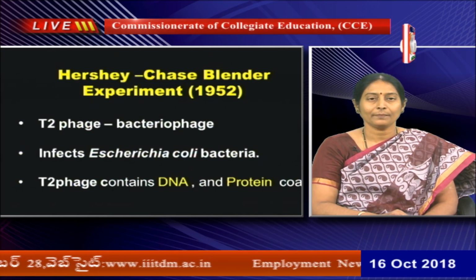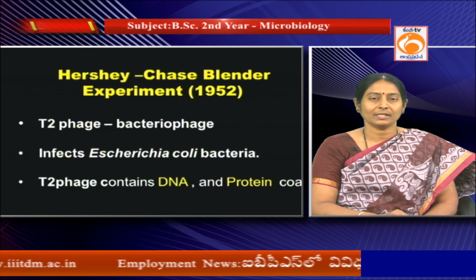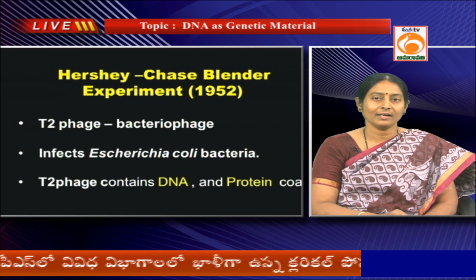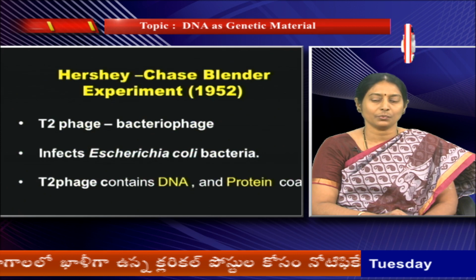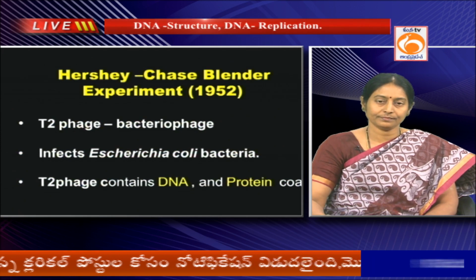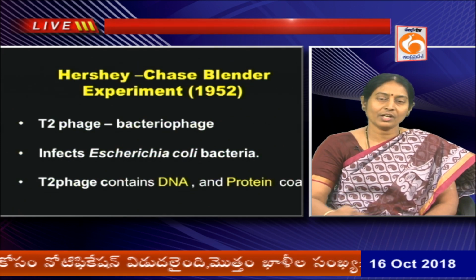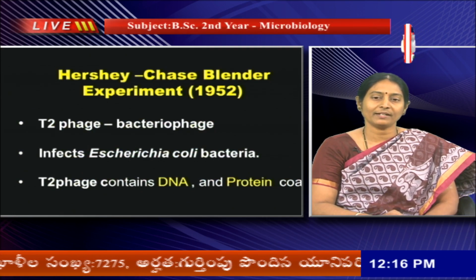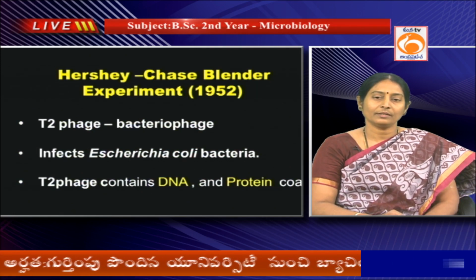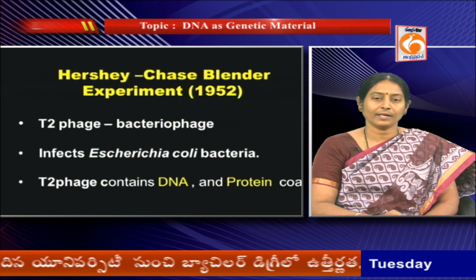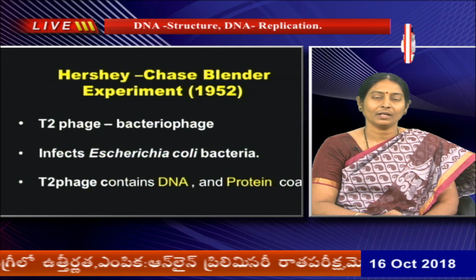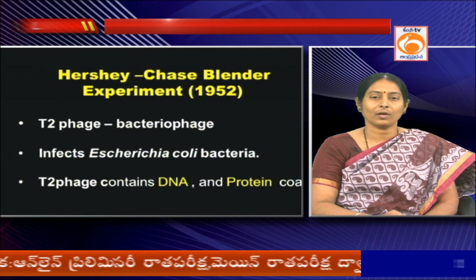So, finally, a confirmatory report came from the experiments of the scientists Hershey and Chase in 1952. This is also known as the Hershey and Chase blender experiment. They took T2 bacteriophage, which is a virus that infects the bacterium E. coli, Escherichia coli.